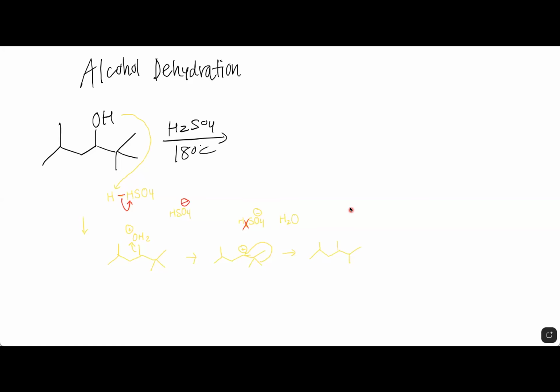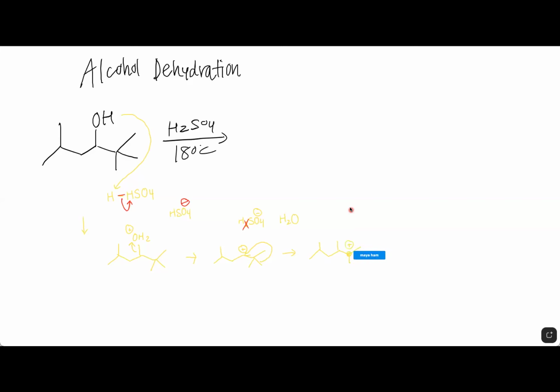Right. Now you moved one of the methyl groups there. Which carbon lost the bond? Yeah. So since that carbon lost the bond, that will have a positive charge now.